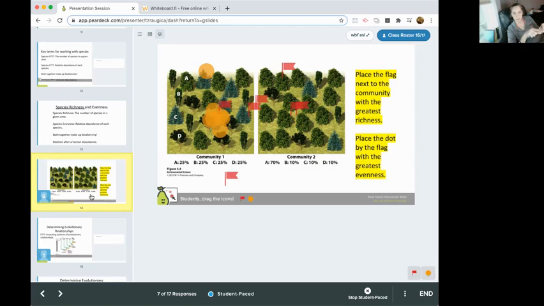And how many does community 2 have? Also 4. Yes. So that was the trick question, because I really wanted you to go back and think about the definition. Your flag could go in between these, because they are actually equal in terms of richness, not in terms of evenness.